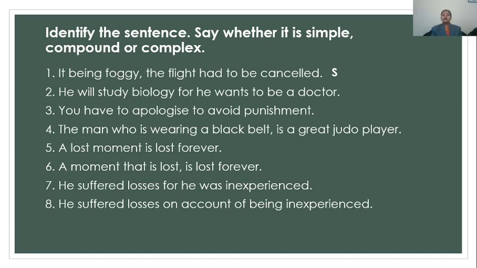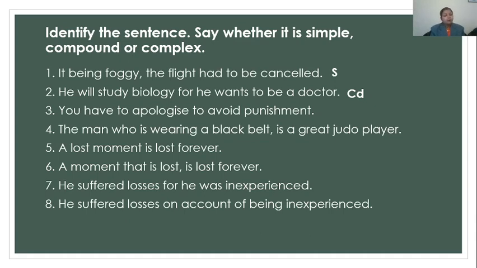Then let's find out whether it is compound or complex. He will study biology, complete in its meaning. He wants to be a doctor, this is also complete in its meaning, and they are joined by the conjunction for. For, children, is a coordinating conjunction. So two independent clauses are present in the sentence. What type of sentence is this? It is a compound sentence.